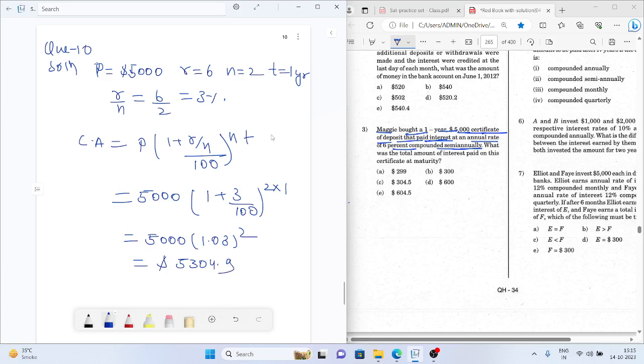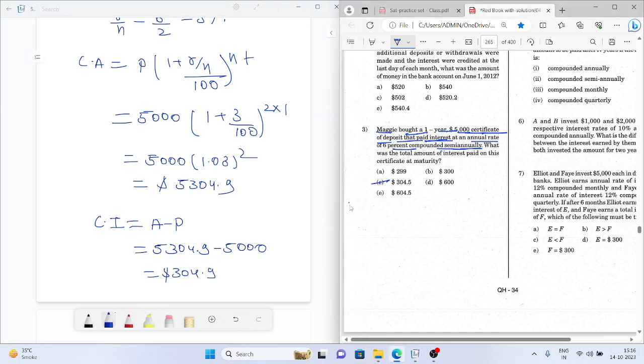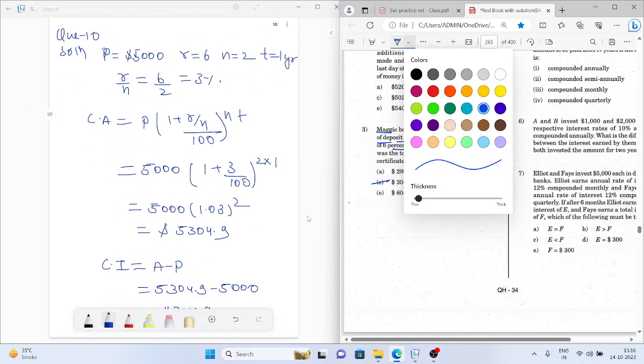But this is the compound amount, right? We have to calculate the compound interest. So I calculate the compound interest as amount minus principal, which is $304.5, right? Option is C. Is this question clear to you? So make a note of this question, then we move forward.